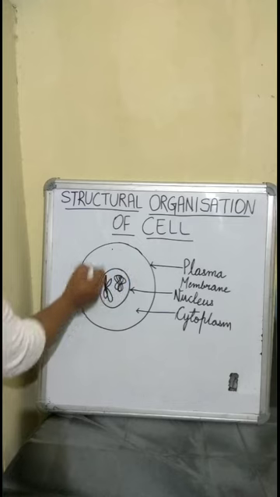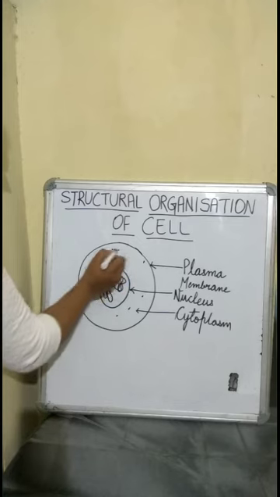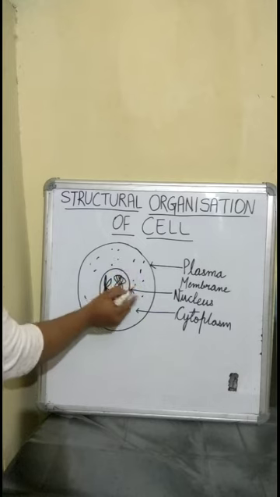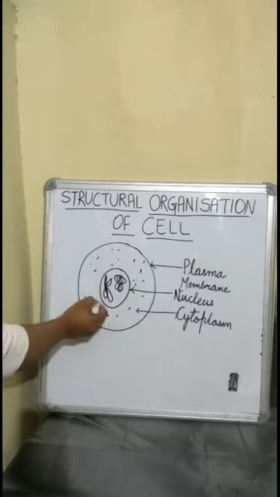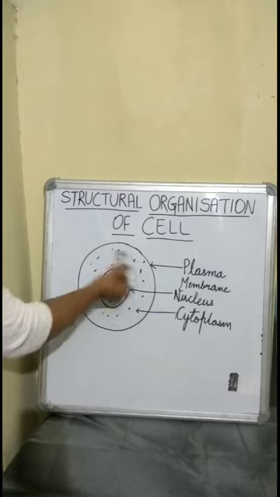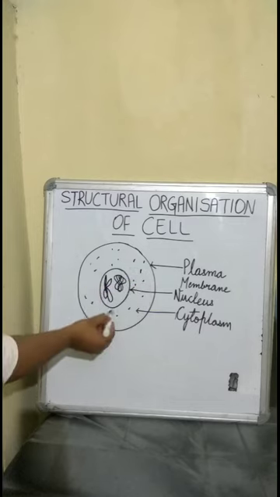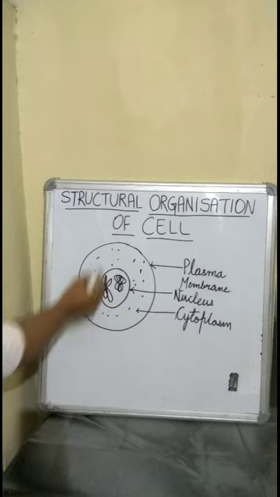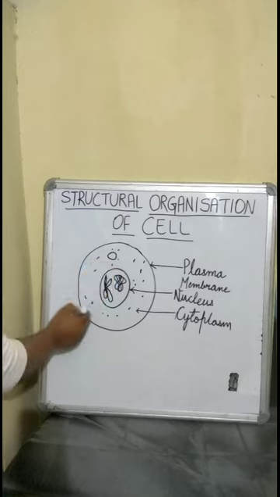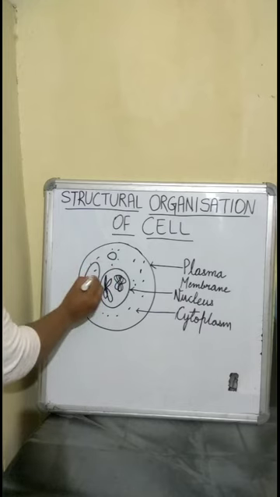And this region between the plasma membrane and the nucleus, this fluid portion, is called the cytoplasm. Here the various cell organelles are present, such as vacuoles and mitochondria.